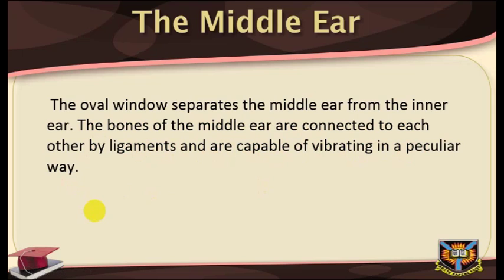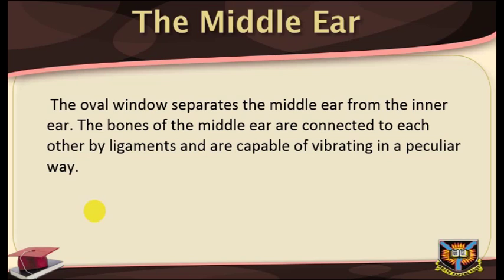Because the oval window is much smaller than the eardrum, and because of the lever effect that the three tiny bones create, the oval window receives much more pressure per square millimeter than the eardrum does.